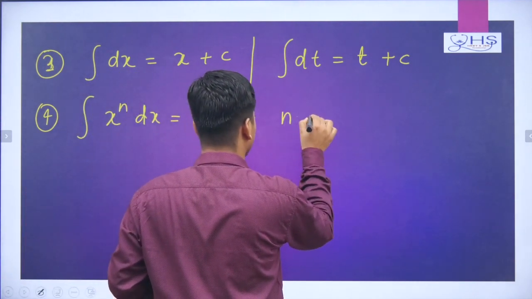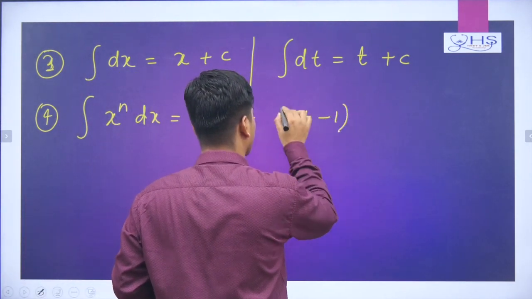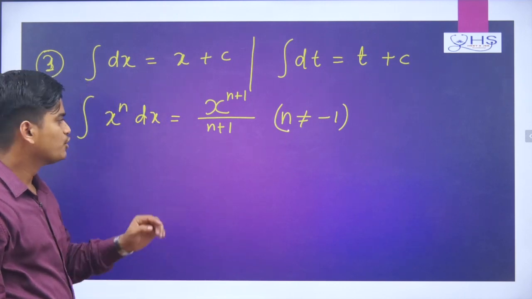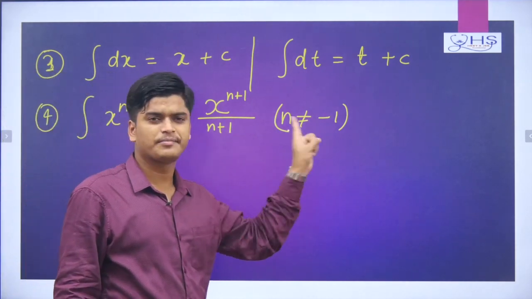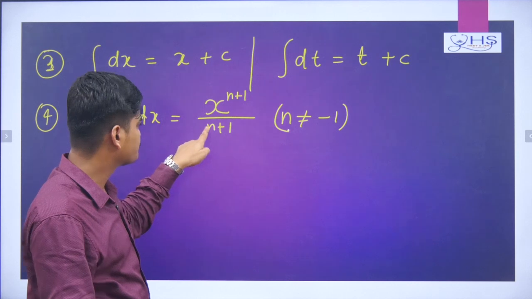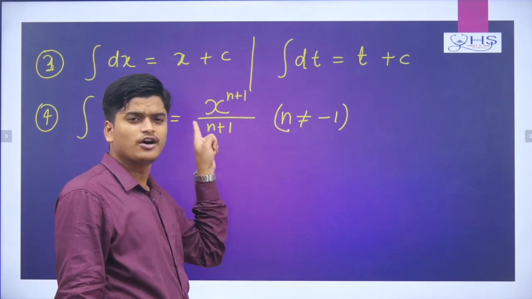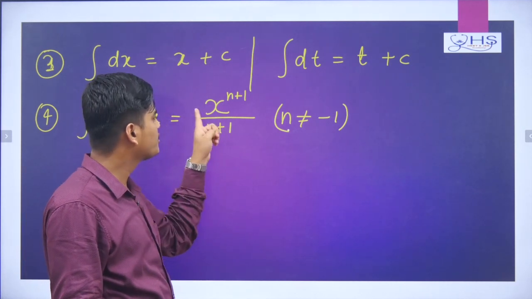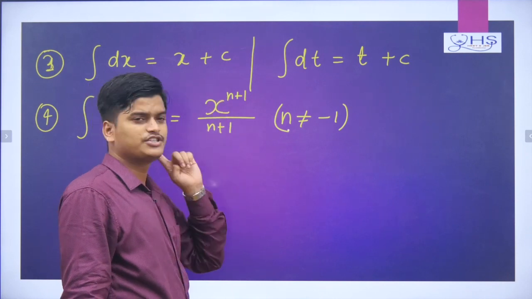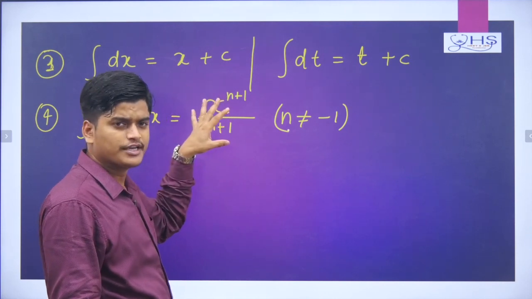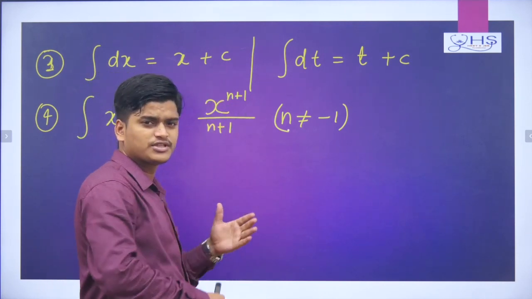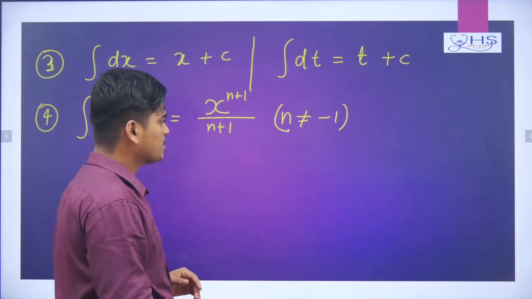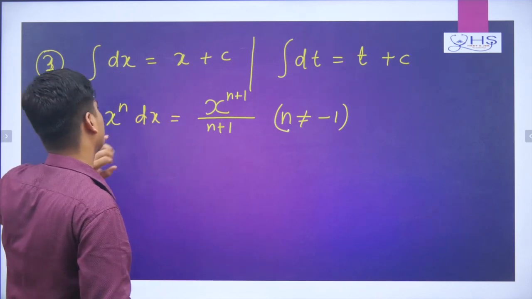Remember, this formula is valid for all n except n equal to minus 1. If I take minus 1, then minus 1 plus 1 in the denominator becomes 0, and something divided by 0 is basically infinity. So it is undefined, which is why n equal to minus 1 is not valid here.